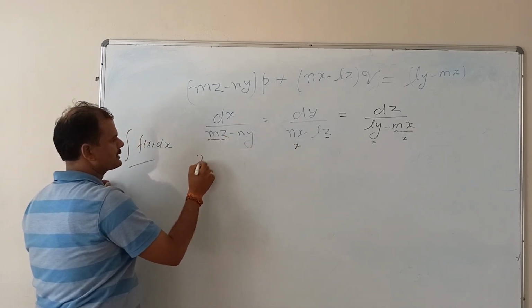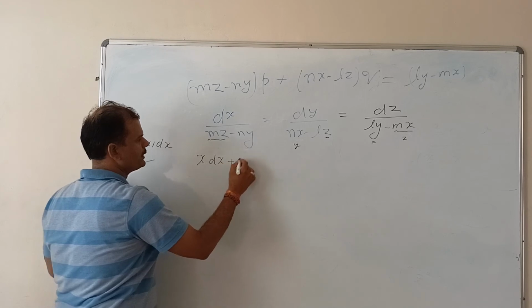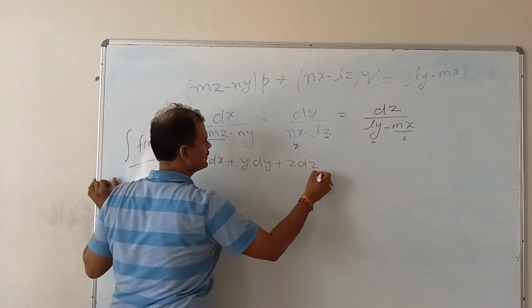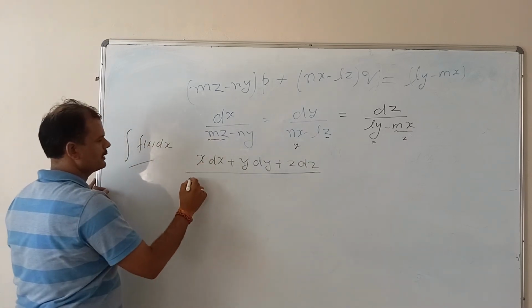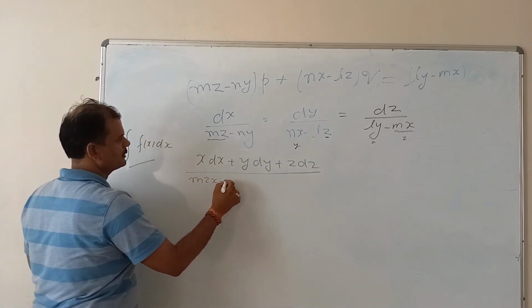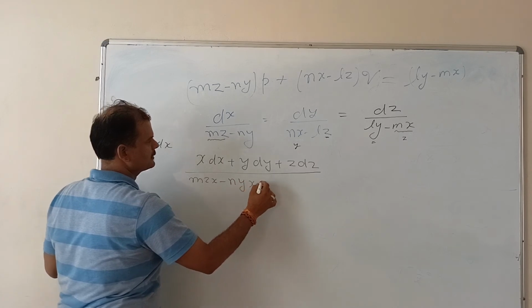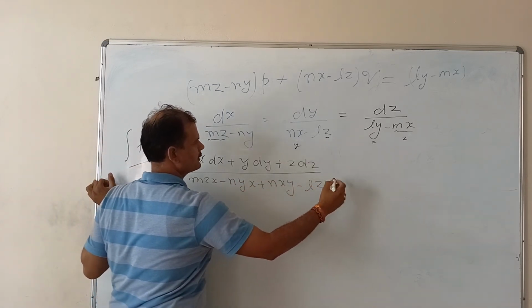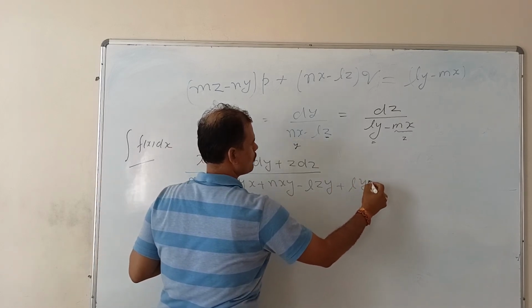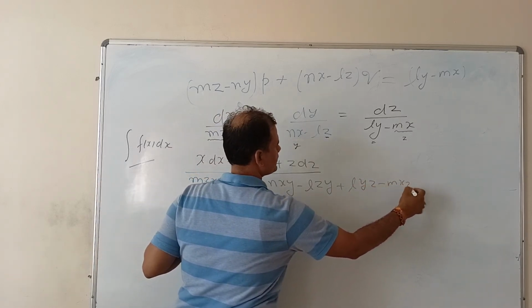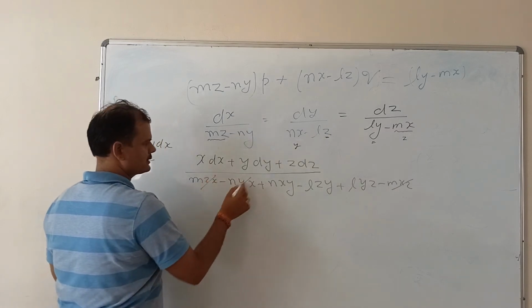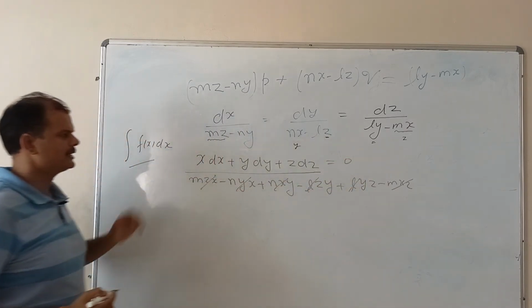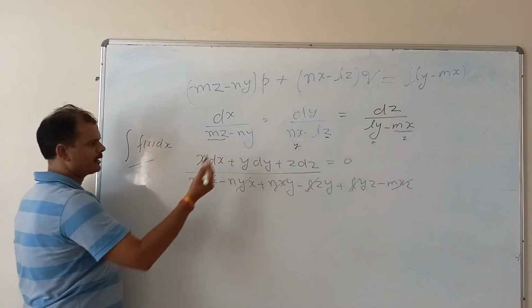So x dx plus y dy plus z dz will be mzx minus nyx plus nxy minus lzy plus lyz minus mxz. All will cancel. So the denominator is 0 here. So now we can integrate.